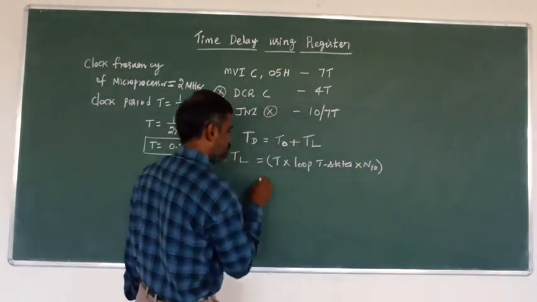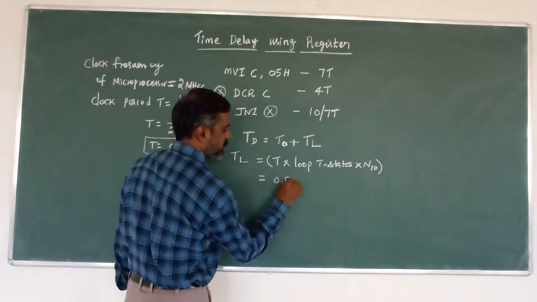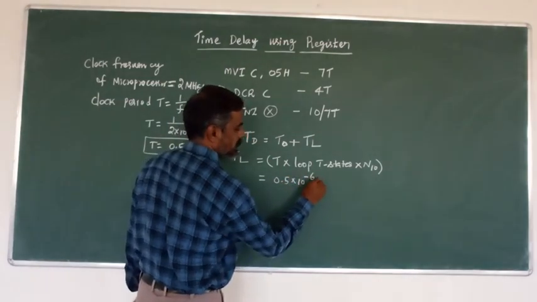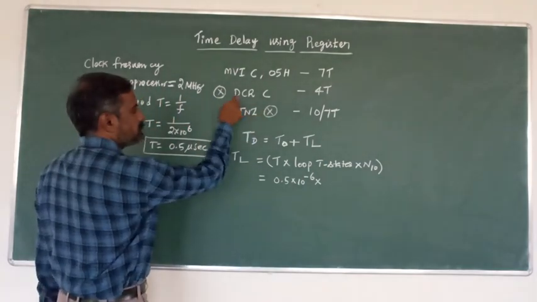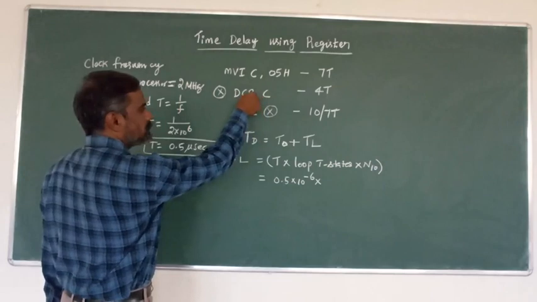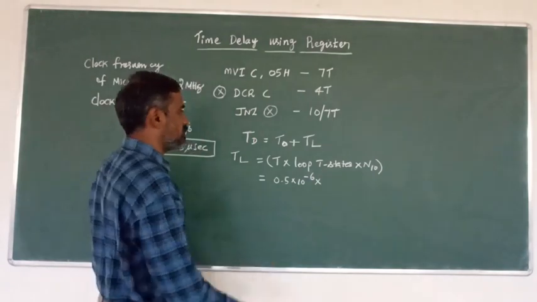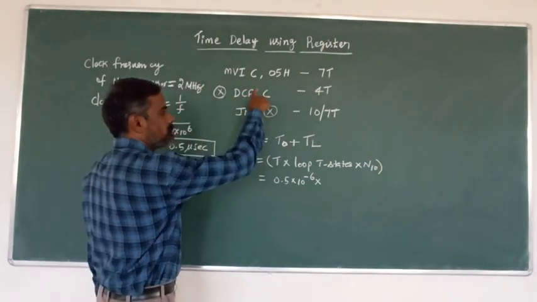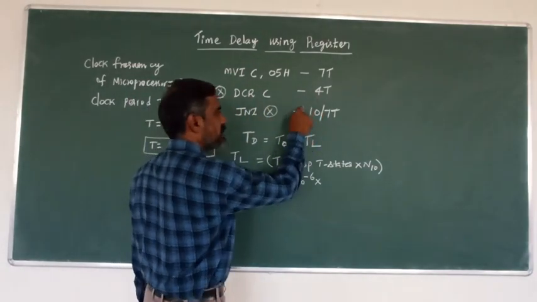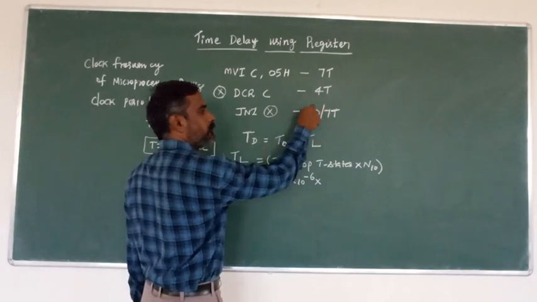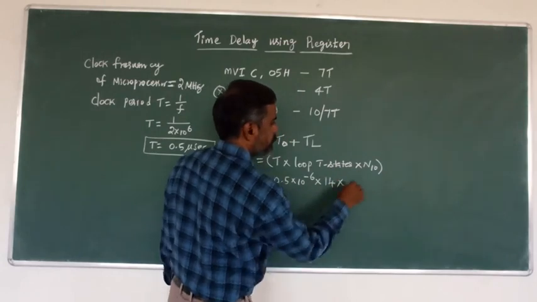Here the time period is 0.5 microseconds, so 0.5 into 10 to the power of minus 6 into loop T states. The loop is between DCR C and JNZ. To execute this loop, how many T states are required when the condition is satisfied? 10 and 4, total 14 T states. So 14 into N base 10.